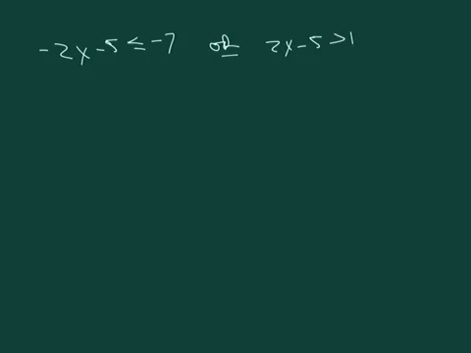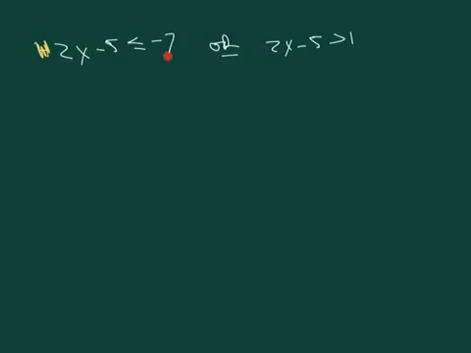We cannot put those together. For one thing, our signs are not pointing the same way, and the -2x minus 5, or I'm sorry, that should be a 2x, not a negative. This is not the second term, and this is the first term.